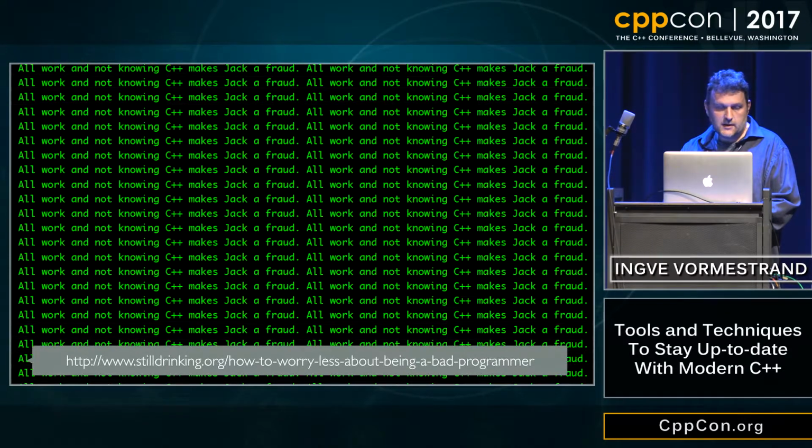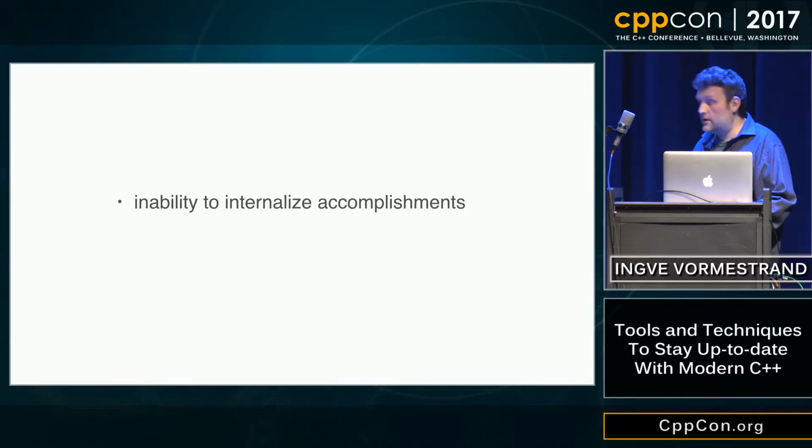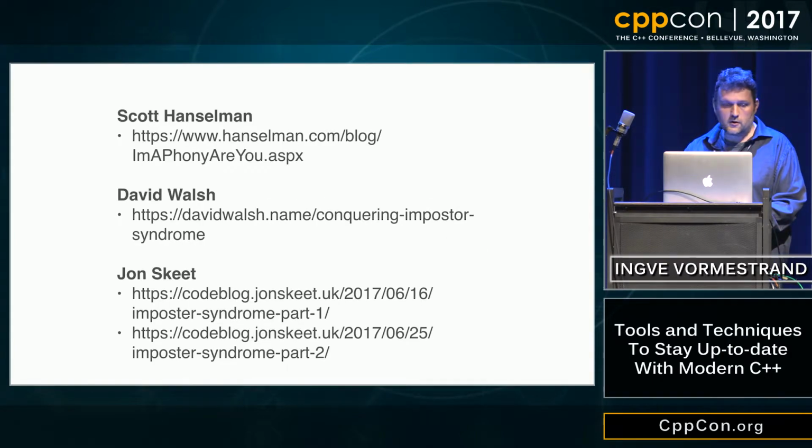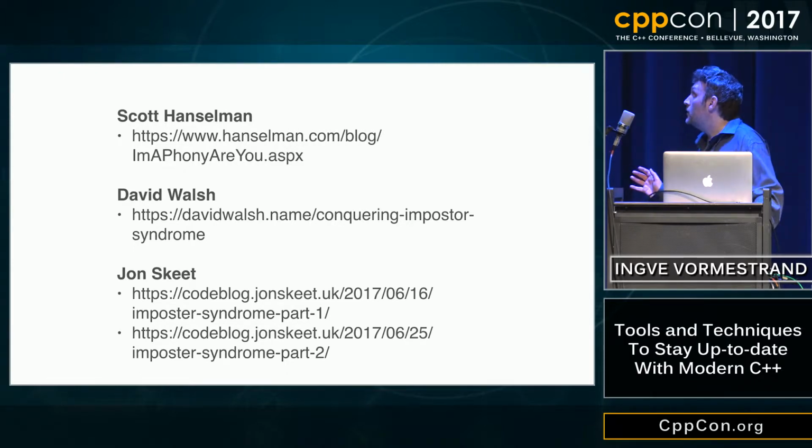So what is imposter syndrome? Basically, and this is oversimplified, 2 things: inability to internalize accomplishments and a persistent fear of being exposed as a fraud. This is incredibly common. Here are just very, very few people. They have written very well about this.